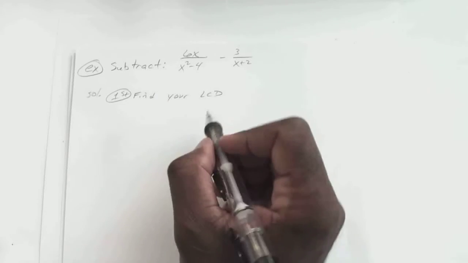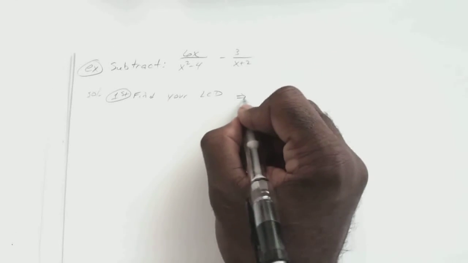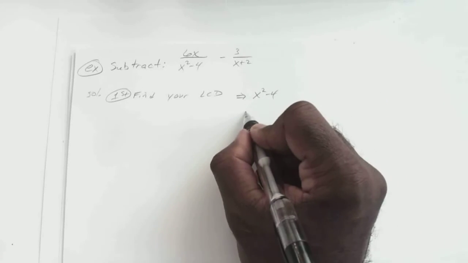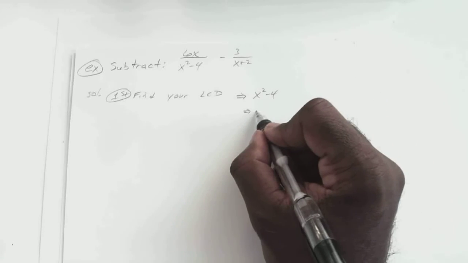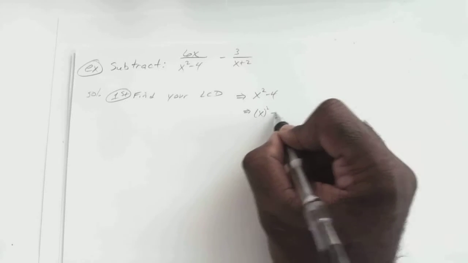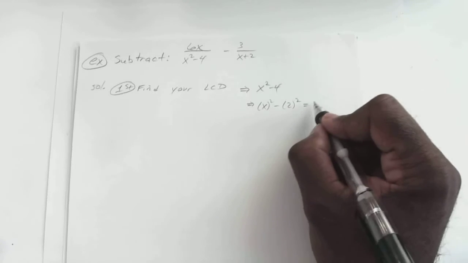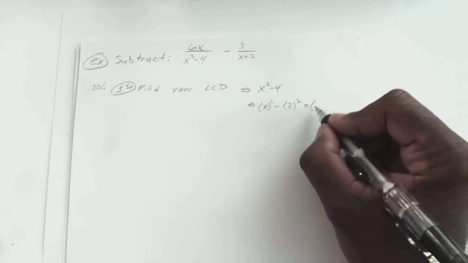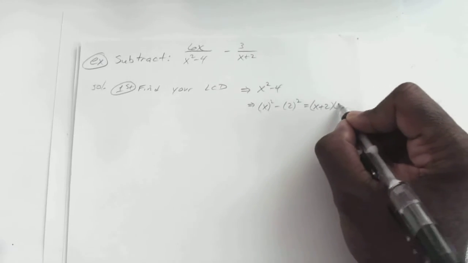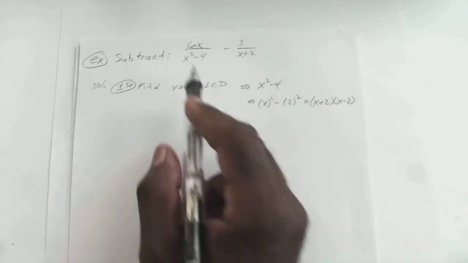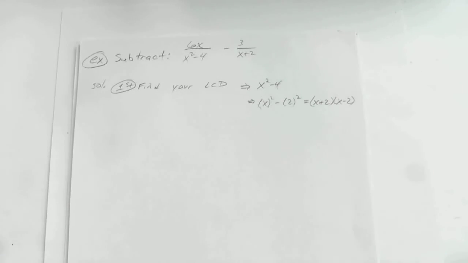Okay, so we know x squared minus 4. That's a difference of squares. So you can make that become x squared minus 2 squared, which factors to x plus 2, x minus 2. Okay, and x plus 2, that's just x plus 2.